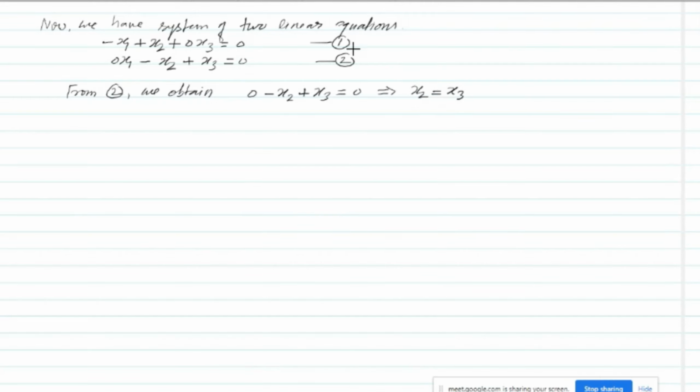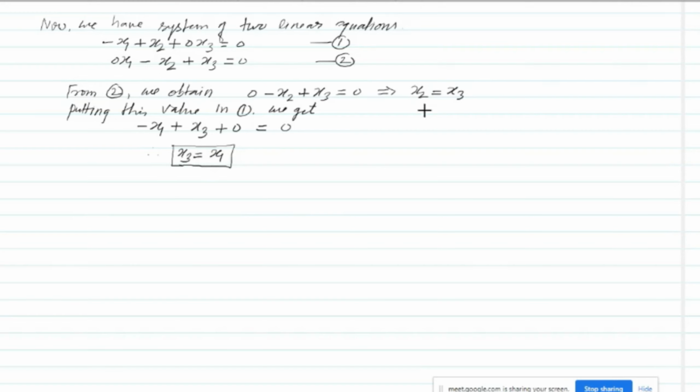Now putting this value in equation number 1, we get minus x1 plus x2, and x2 is x3, plus 0 times x3, that is 0, equal to 0. So from this you will obtain x3 is equal to x1.